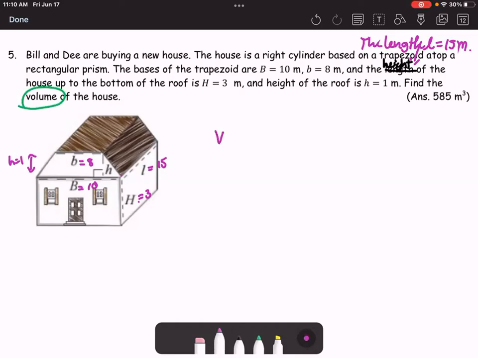So the volume, using the notation V, would be the volume of the rectangular prism as the base of the house, and the volume of the top.